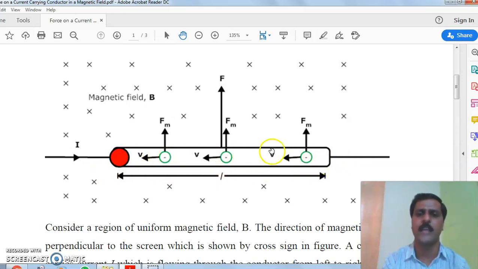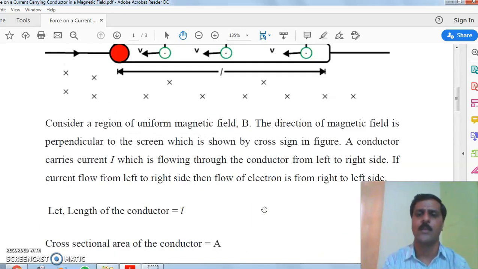You have to see in that diagram, this is the current from this end to this end, and these are the electrons, v is the drift velocity with which they are drifted, and this is the component Fm. Fm is the magnetic component of force due to an individual electron. That is this component Fm due to that individual electron. And here you have seen F. F is the total force that is experienced by the conductor.